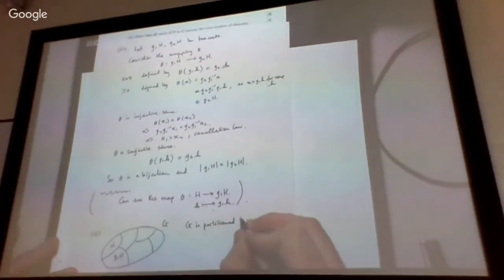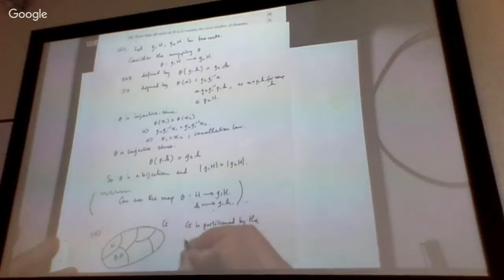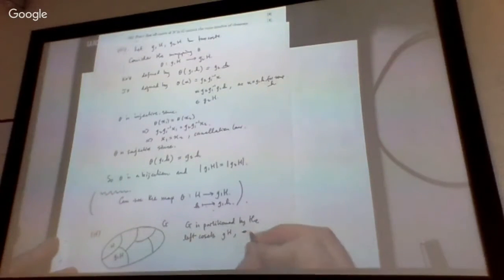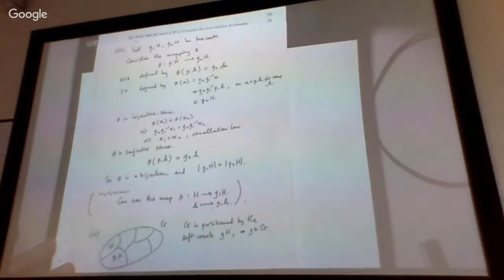We can say G is partitioned by the left cosets gH as g ranges over the elements little g. Since for all g in G, g is an element of the coset represented by itself.